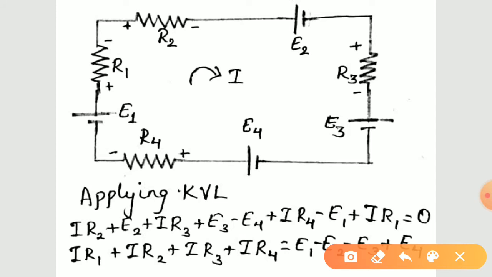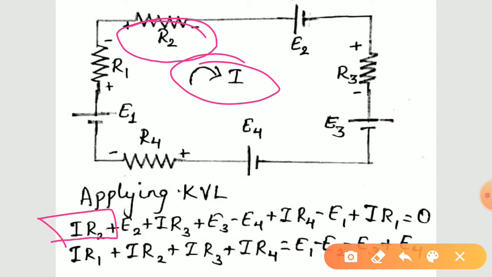Let us have a look. On applying KVL, current flowing is I. When first element R2 is encountered, I write the voltage drop across resistor R2 as plus IR2. When current comes to E2, we write plus E2.